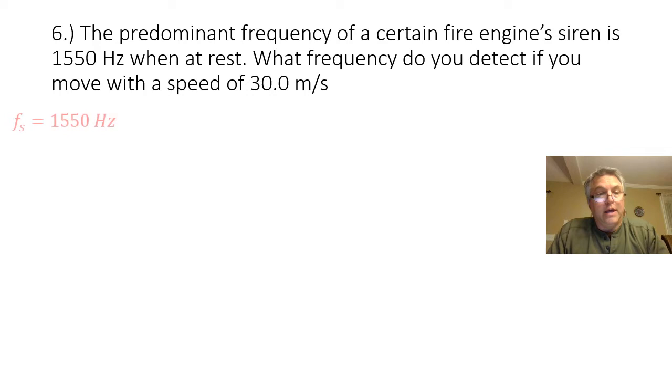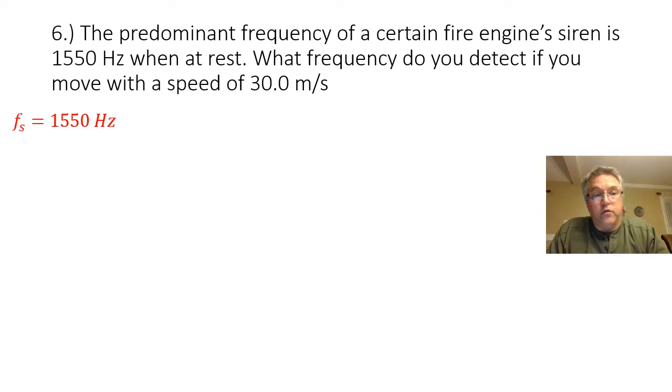We are given the frequency of the source, which is 1,550 Hertz. We are not given an air temperature, and I mentioned this in one of the other videos, but remember, if we're not given an air temperature, we're going to assume room temperature or 20 degrees Celsius.